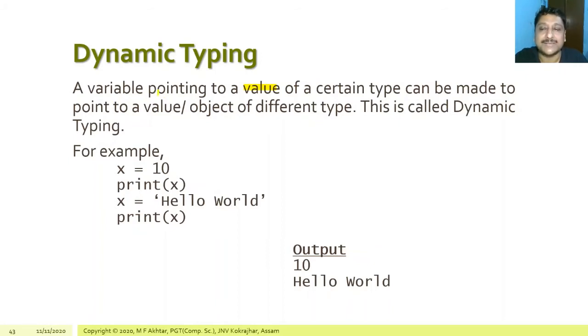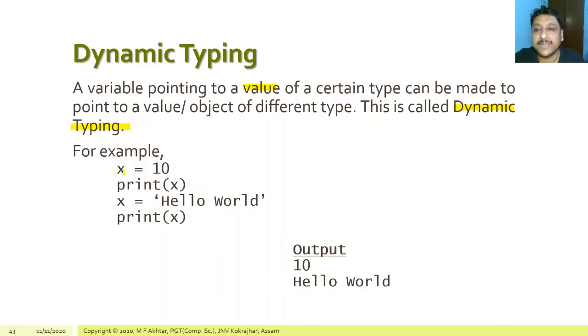Means one time a variable is pointing to a single type, then next time the same variable is assigned a different type. This is legal in the Python language, and this feature is known as dynamic typing.